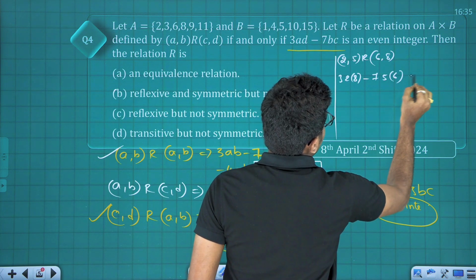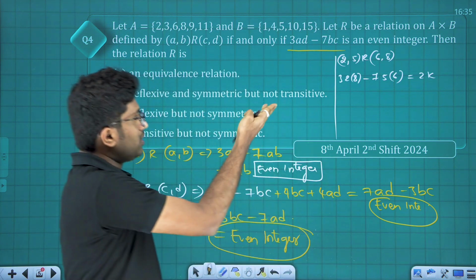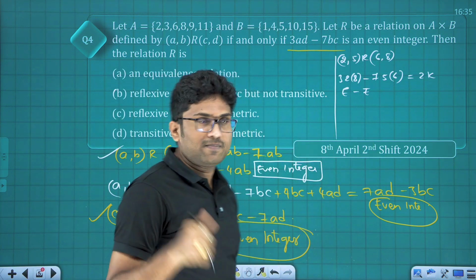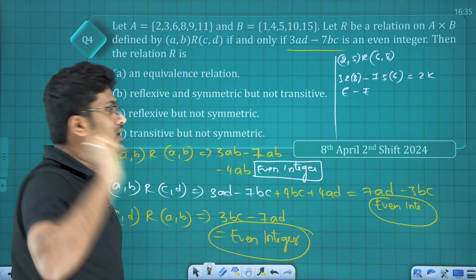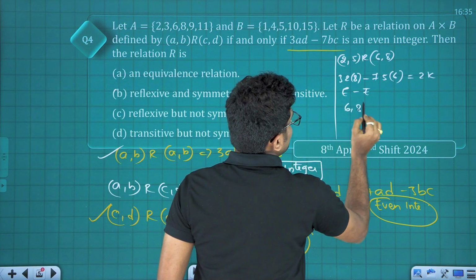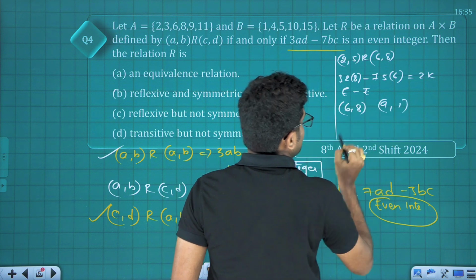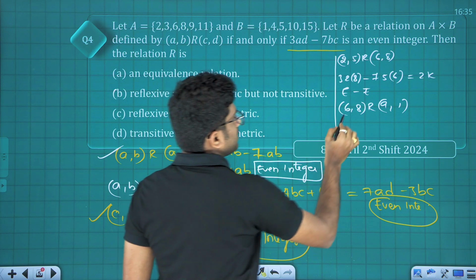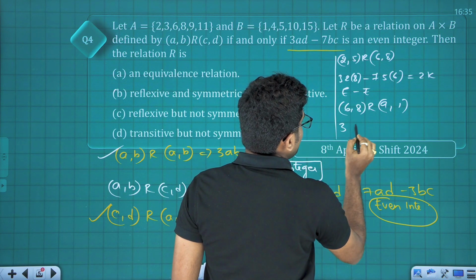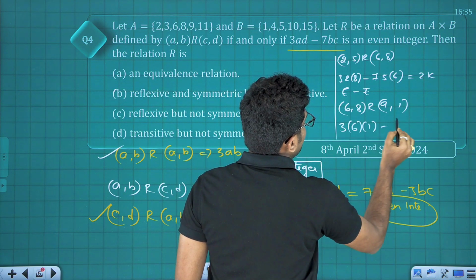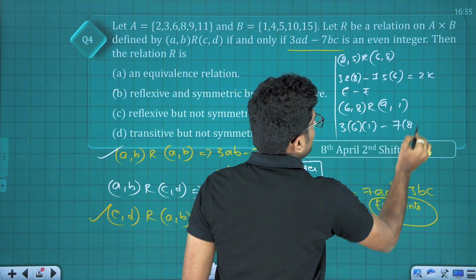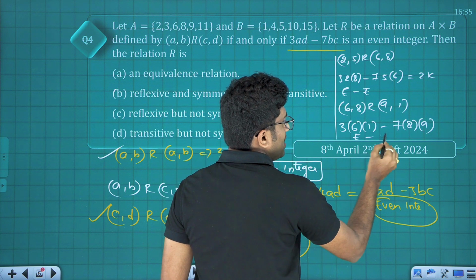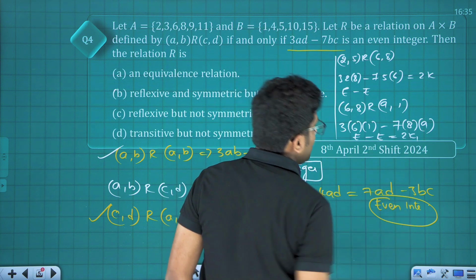Clearly it is an even integer, some 2k, because 8 into something even minus even is an even integer. Next, (6, 8) and (9, 1) is also related to R. Let's see. That is 3 times AD, 6 into 1, minus 7 times BC, 8 into 9. Clearly, 6 into something is even, minus even, so this is also even only.